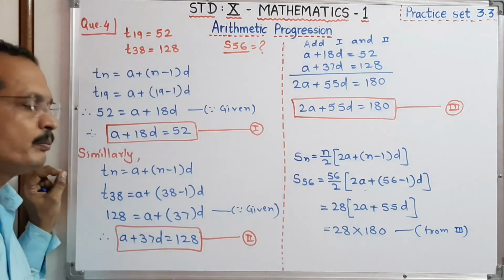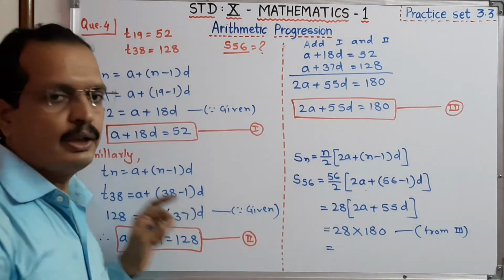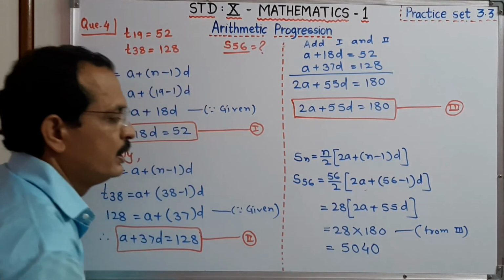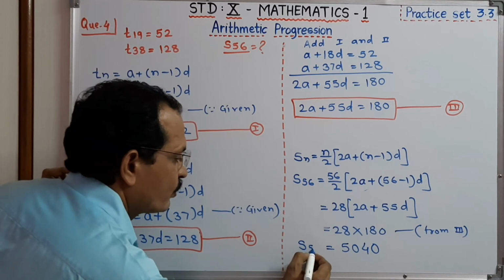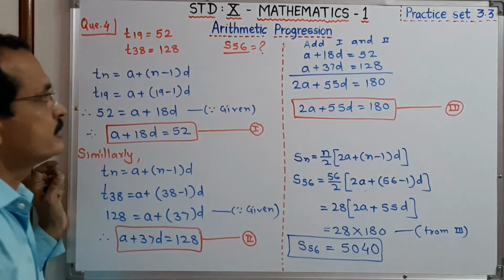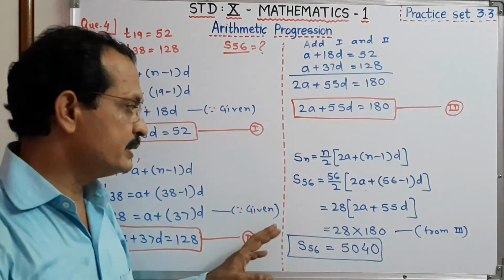And if we multiply this, 28 into 180, we get 5040. Therefore the sum of 56 terms in that AP is how much? 5040. Dear student, see here.